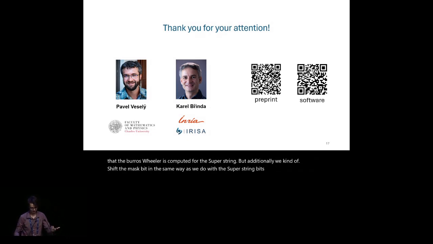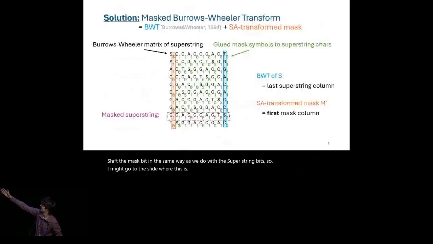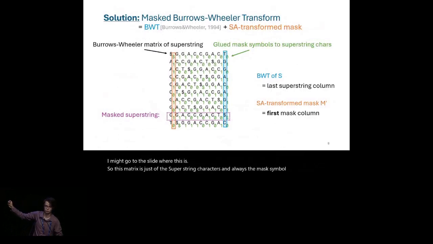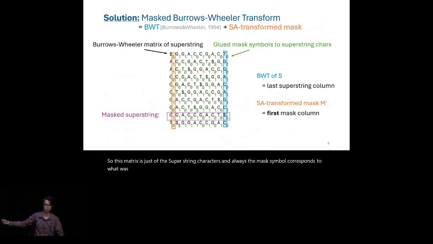So I might go to the slide where this is. So this matrix is just of the superstring characters, and always the mask symbol corresponds to what was the mask symbol at that position of that particular symbol.